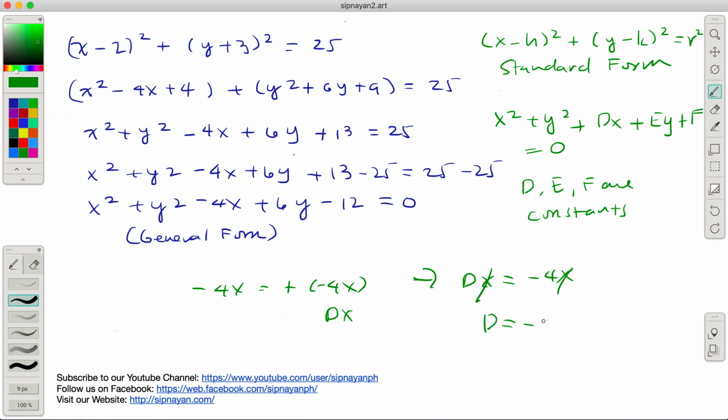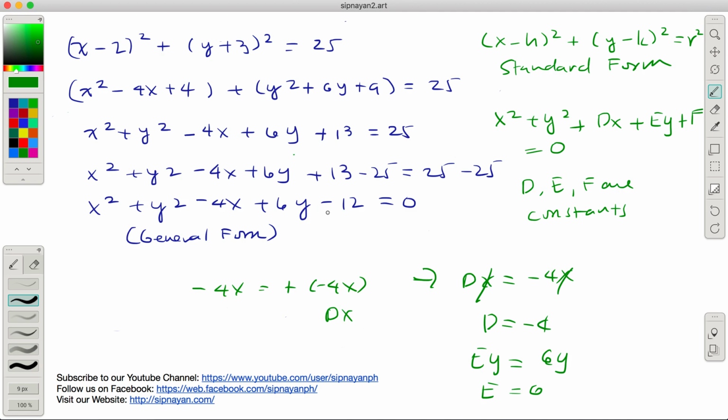Meaning our D is negative 4. Yung E naman natin is yung term na may y. Ey is equal to 6y. You can cancel y. E equals 6. Okay? Tapos yung F, syempre yun yung constant natin. Ay, sorry, yung negative 12.